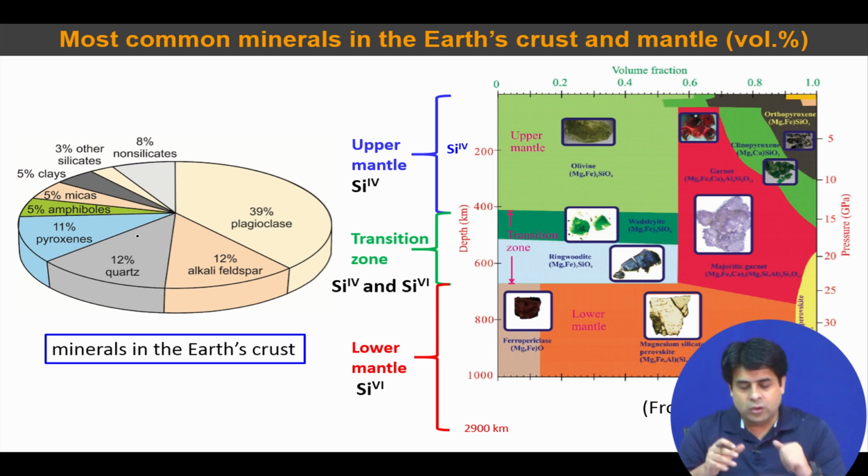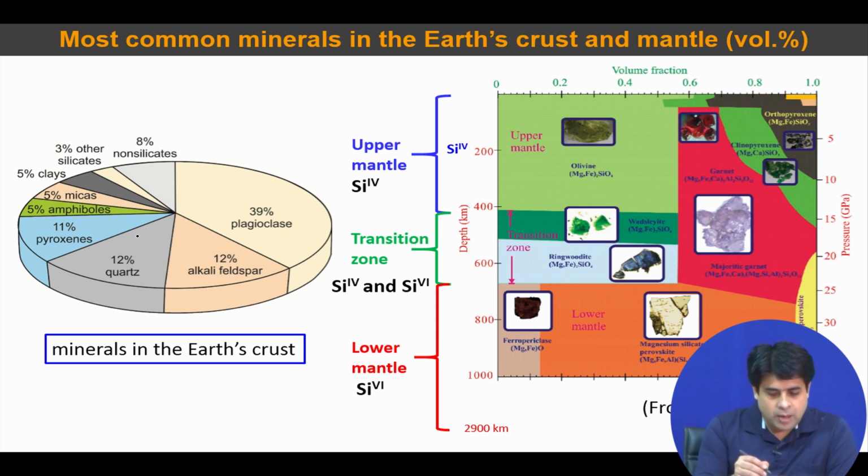What you will observe is that your upper mantle, from the crust-mantle boundary, the Moho discontinuity, to 410 kilometers, up to this height. So, look at the volume fraction of different minerals present in your upper mantle.